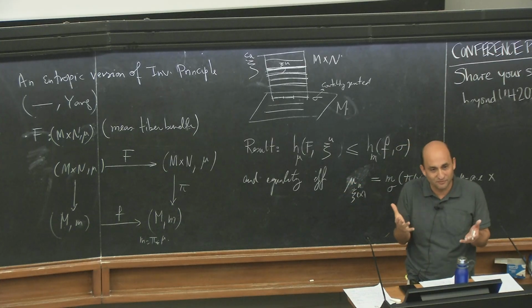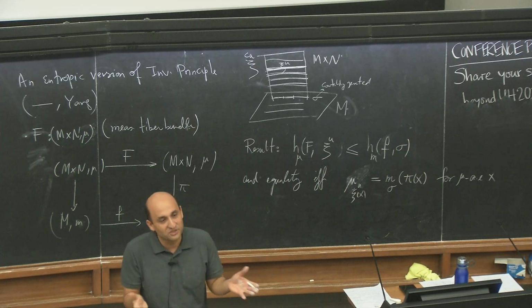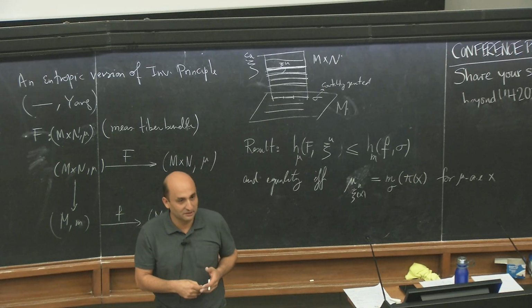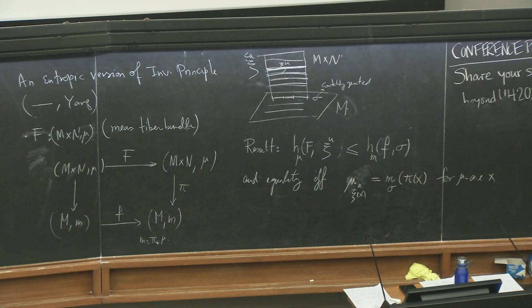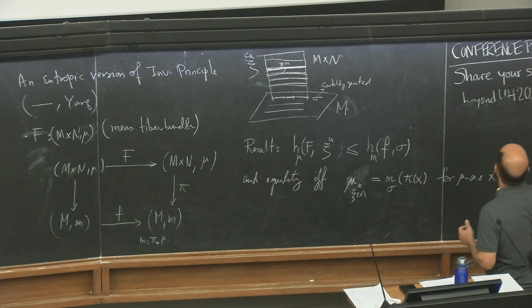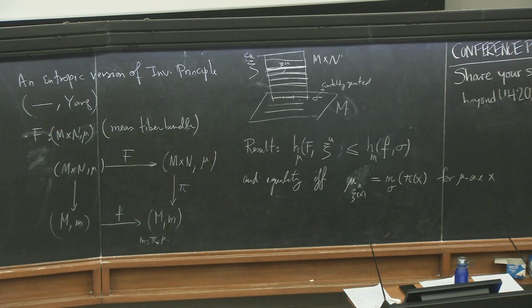What is a good partition? A good partition is a countably generated partition, with respect to this measure. You will see in a second what I mean when I say the model. Any other question? Yes, I projected the measure mu.